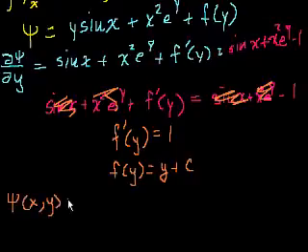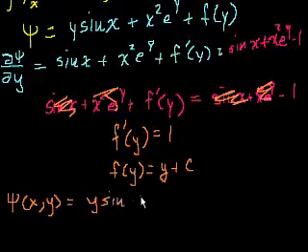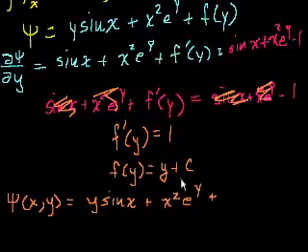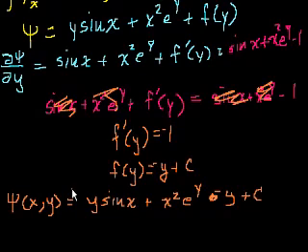Xi of x and y is equal to y sine of x plus x squared e to the y plus... Oh, sorry, this is f prime of y is minus 1. So this is a minus y plus c. So we've solved for xi.